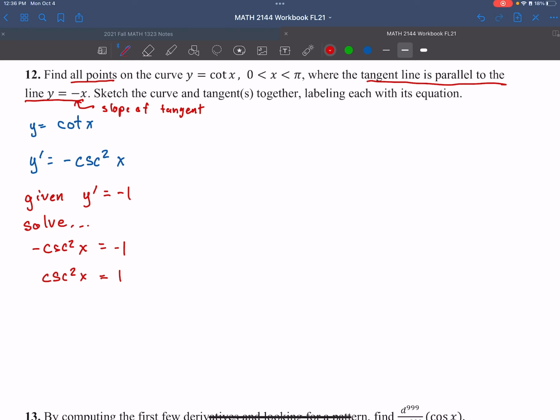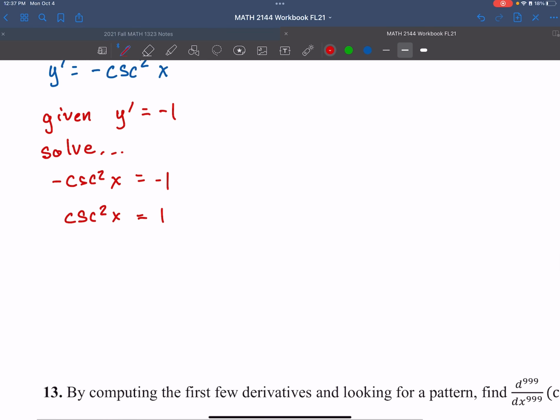There's a couple approaches you could take to this one. I prefer to think about solving in terms of sine and cosine because I could quickly just reference the unit circle's x and y coordinates. So I'm going to go ahead and take the square root now. So we'll have cosecant of x equal to plus or minus 1.